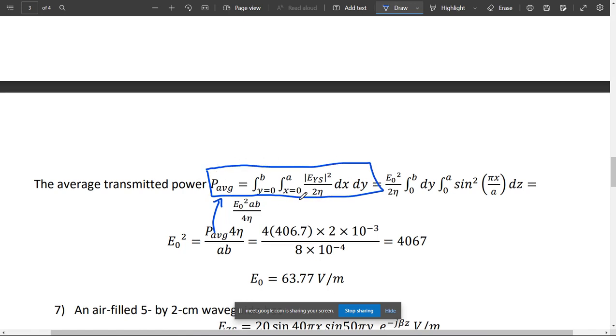If we don't go into this integration, it's simple: E square upon 2 eta dx dy, and we have to integrate it. There will be two integrations, x and y.